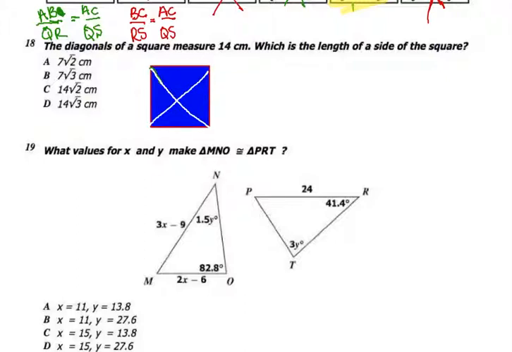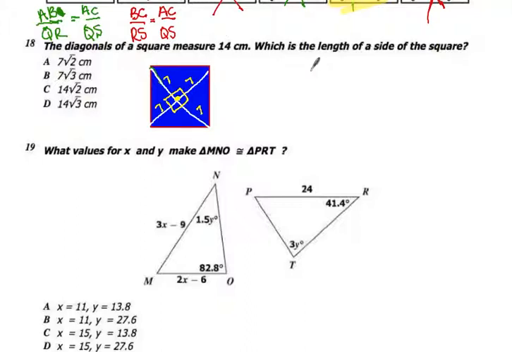They each measure 14. Well, one thing about it, when they intersect, what happens at that point of intersection? I'm hoping you say center in the square or square in the center. That means we're going to have 4 right angles. And if each diagonal is 14, what would each part of that diagonal be? Because they bisect each other, each part would be 7. Okay?